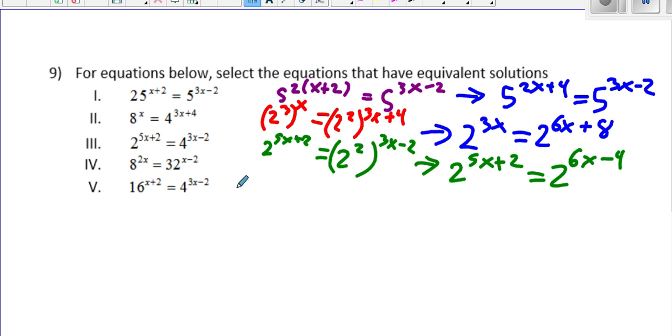The fourth one, we can make those both be powers of 2. That's 2 cubed. 2 cubed is 8, so that's 2 cubed to the 2x. And then 32 is 2 to the 5th power to the x minus 2.